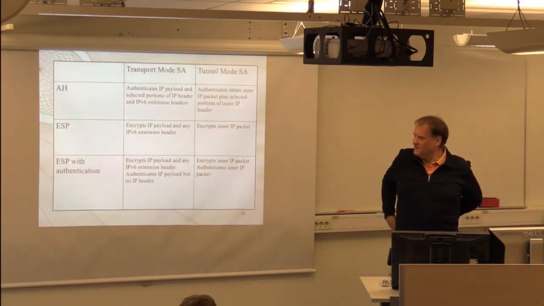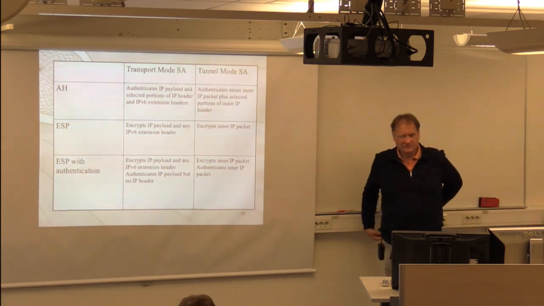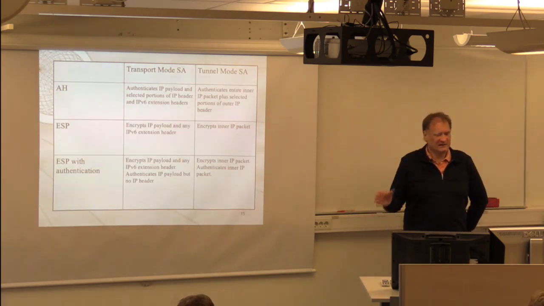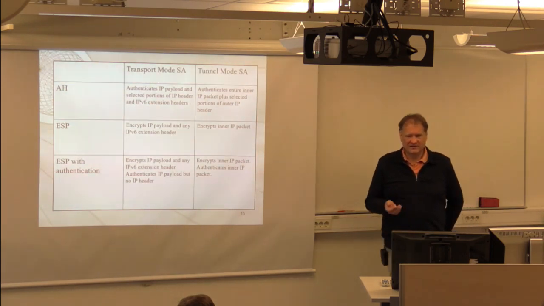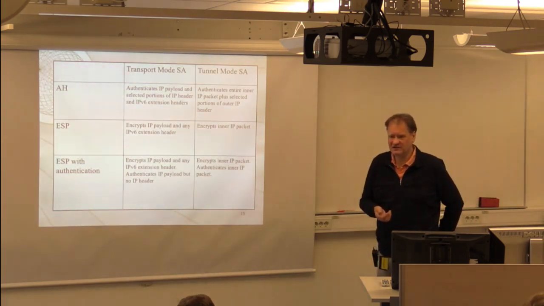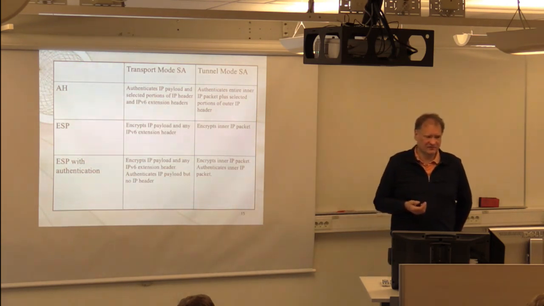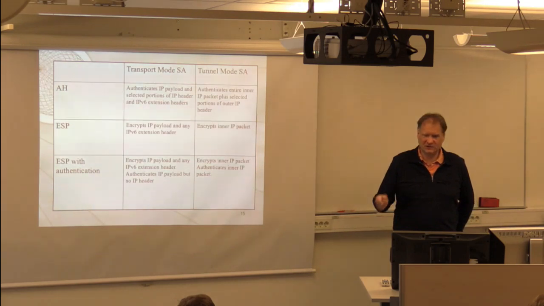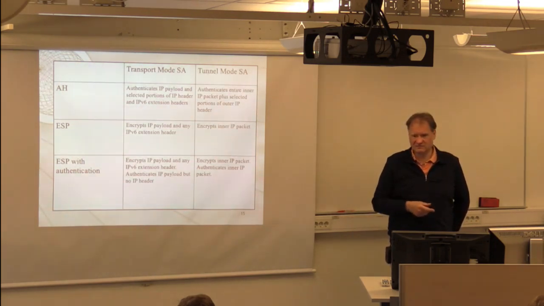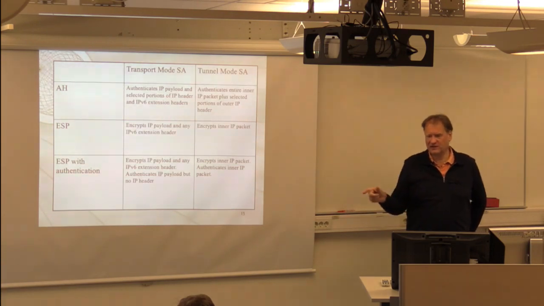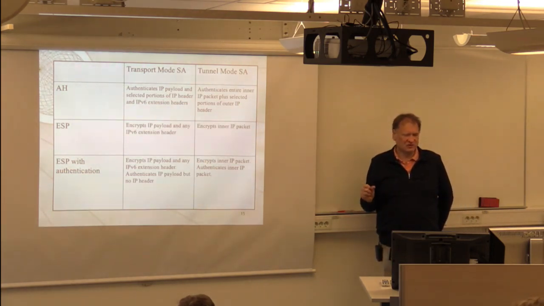Some headers can change during the way, and any header that could change on the way needs to be excluded from the computation. Some headers will stay without changing. An obvious header that will change is time to live in IP version 4. Each time you pass a router, it will be decreased. So that can never be part of it. But you have to think about for each header, could this potentially change or not?